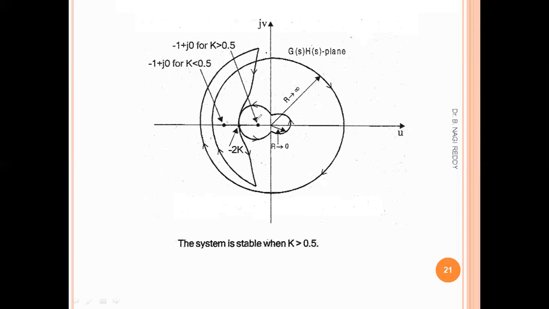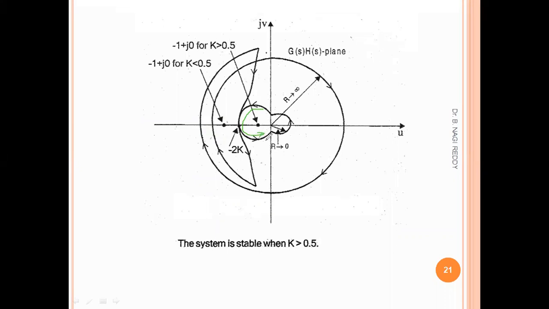Now you can see the Nyquist contour is crossing the negative axis between this point and the infinite point. This is the infinite point, right? So now the Nyquist contour is crossing between this point, which is -1 plus j0, and minus infinity. So between these points it is crossing, and you can see this point is encircled in this direction, which is anti-clockwise.